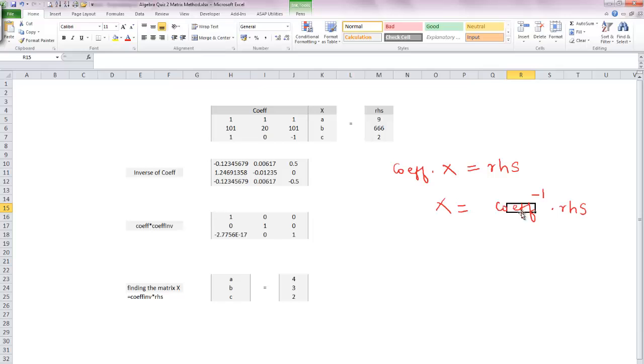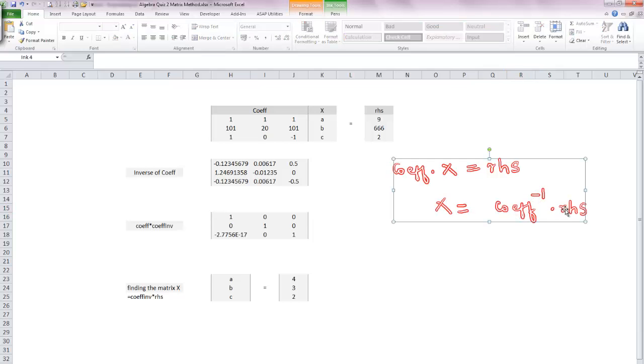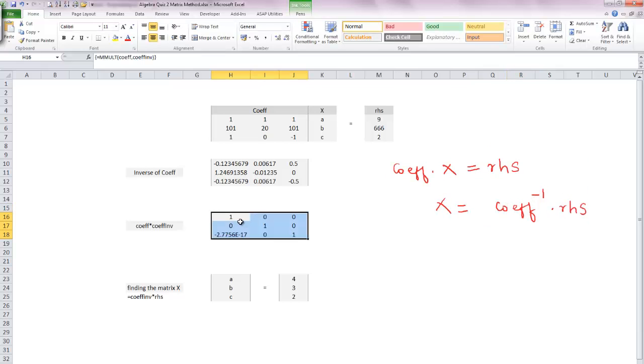Then we have to multiply the coefficient inverse by the right hand side. In this one here, I'm just showing that when you multiply the original coefficient matrix with the inverse of the coefficient, you get an identity matrix, which is 1 0 0, 0 1 0, 0 0 1. This is a property.